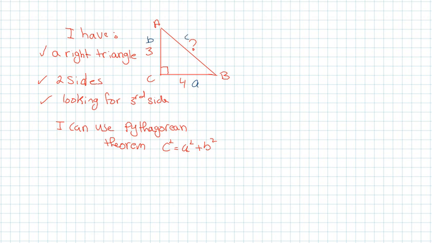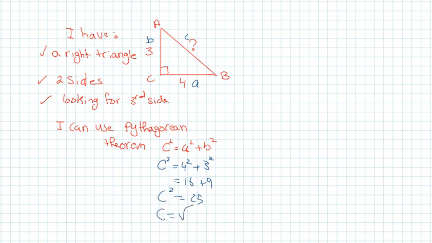So I have to plug in the value of a in a, and the value of b in b, and I get c squared. What I have so far is c squared. I need to find c. What do I have to do? Square root, because the opposite operation of square is square root.